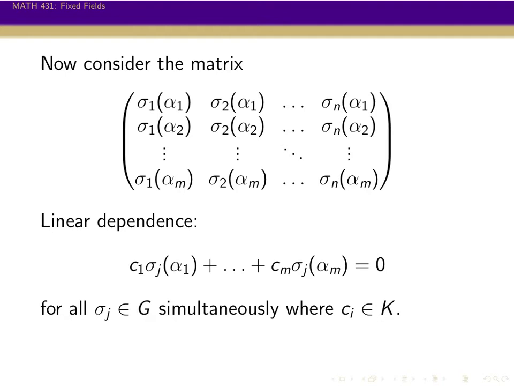So this is just saying that when you do the linear dependence, summing down the columns, you get zeros for each of them. And so this is happening simultaneously for every element of the Galois group. And we're assuming that each of these coefficients, the Cis, are inside our bigger field K.